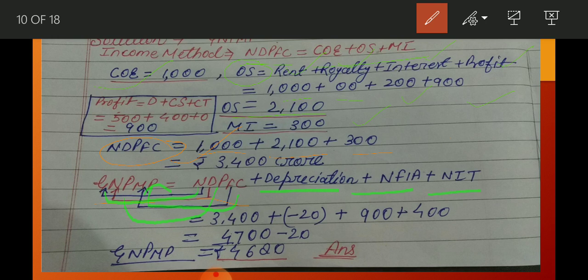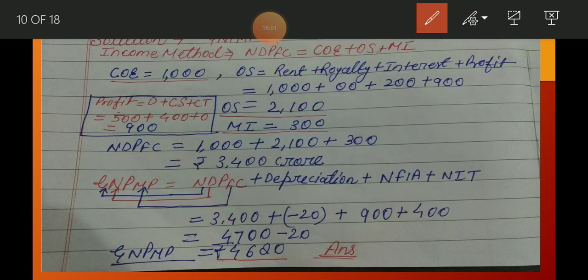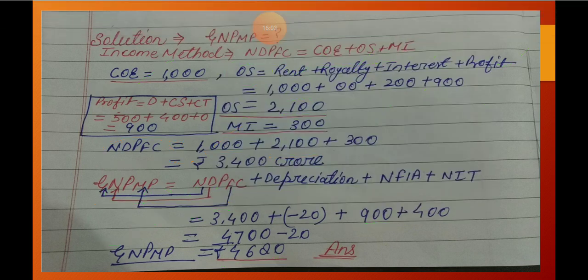We add all these values that are given in your question. In this way we get the value of GNP at MP, that is equal to 4680.